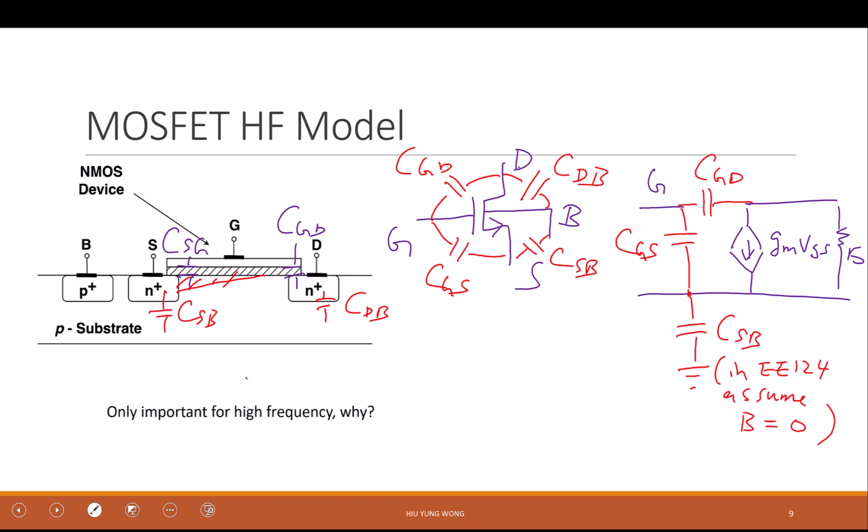So it really depends. But in this class, let's just do this. Similarly, I also have another capacitor CDB. I again assume it is grounded. While here I did not draw that it is grounded, now I will say that this is grounded. Okay, so this is the green triangle and the green triangle. Is this okay?